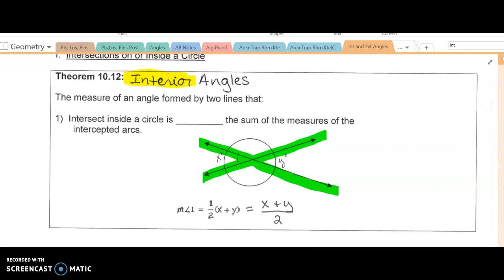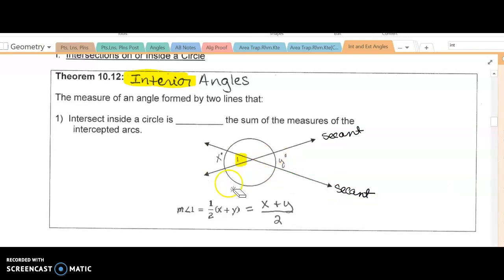Some geometry books name this theorem based off of the fact that this is two secant lines intersecting inside a circle, or technically it can even be two chords. You don't even have to have the full secant. The measure of the angle is half the sum of the measures of the intercepted arcs.